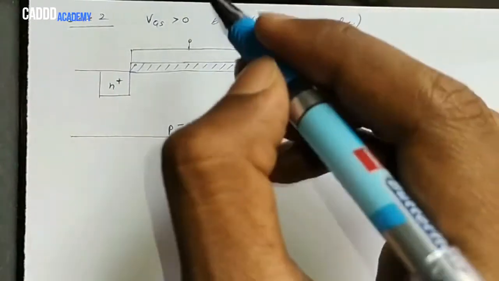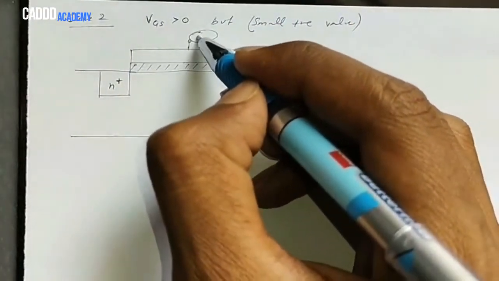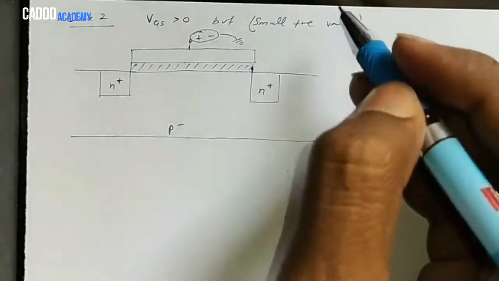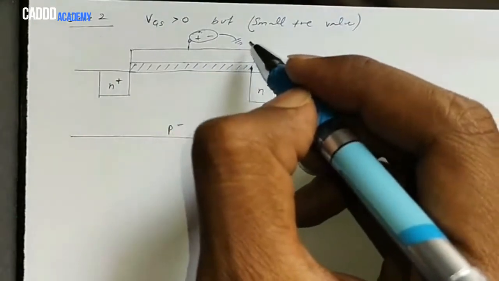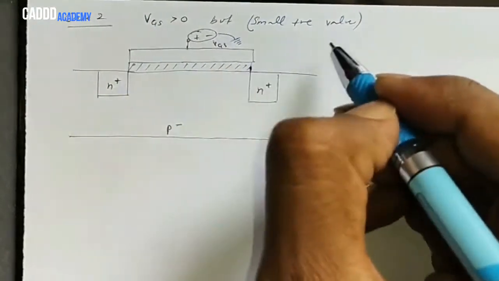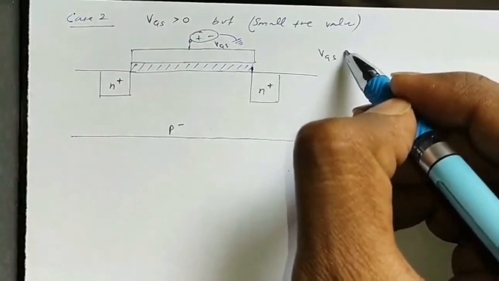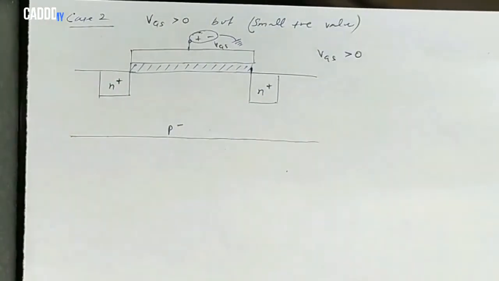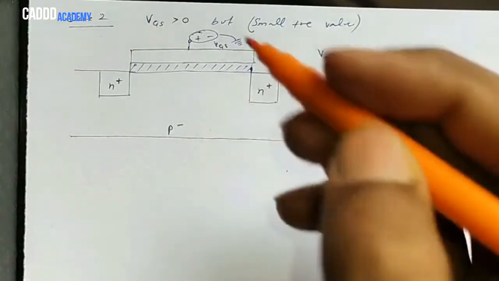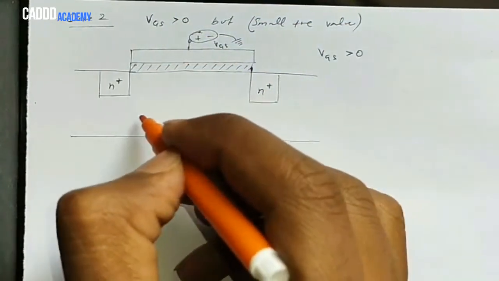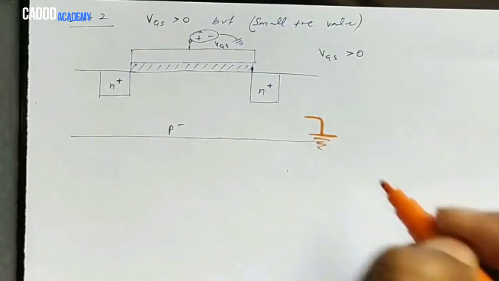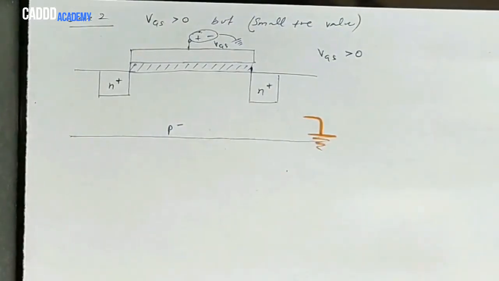This is the gate terminal, and we have applied a voltage here, which we call VGS. And here VGS is greater than 0. Last time VGS was less than 0. Now VGS is greater than 0, and we have shorted the body terminal, which was applied with 0 volt.